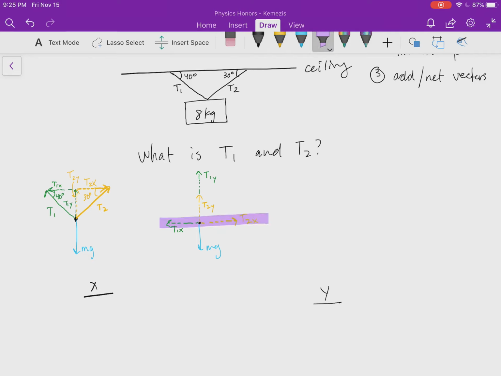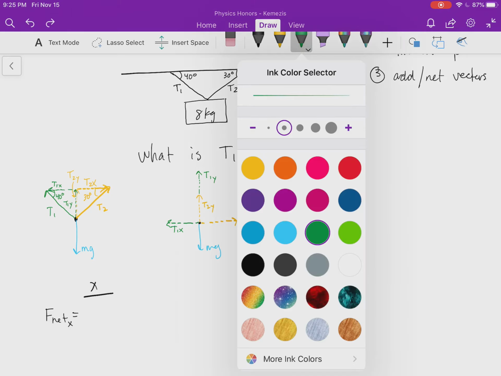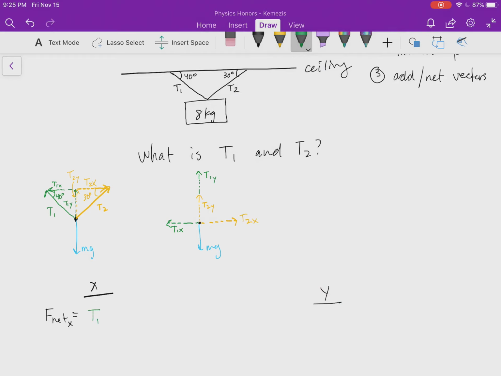In our x direction, we have two forces that are acting, and they are acting in opposite directions. So I would just say that the F net in the x direction, F net x, is equal to T1x minus T2x.